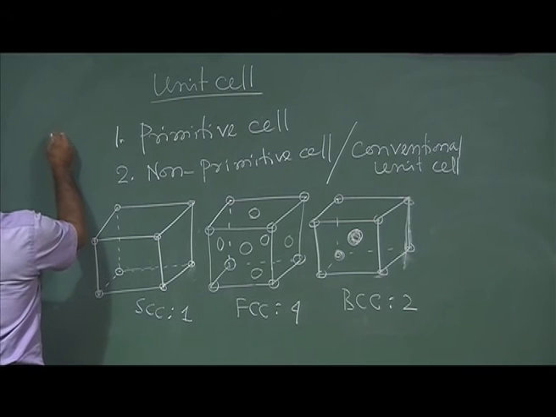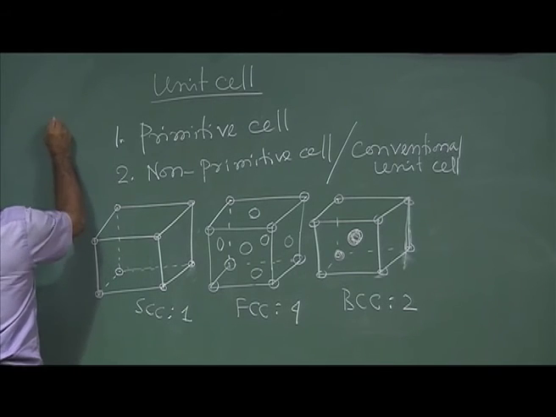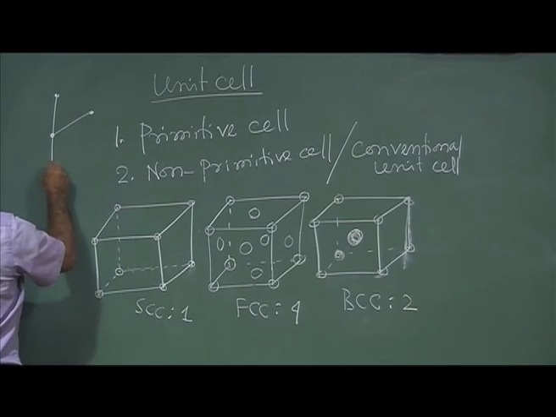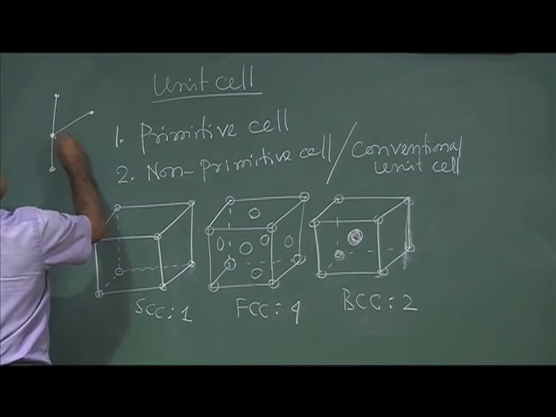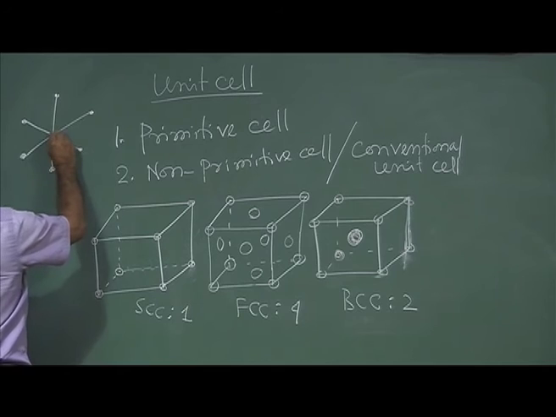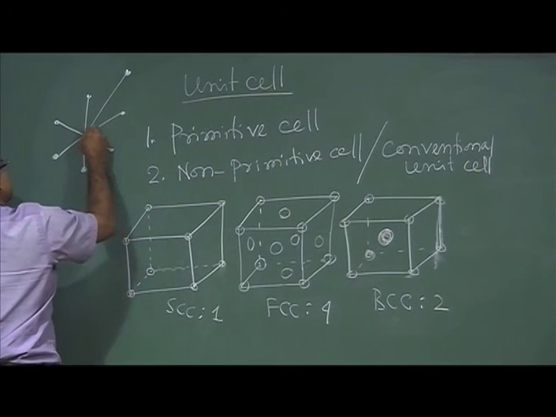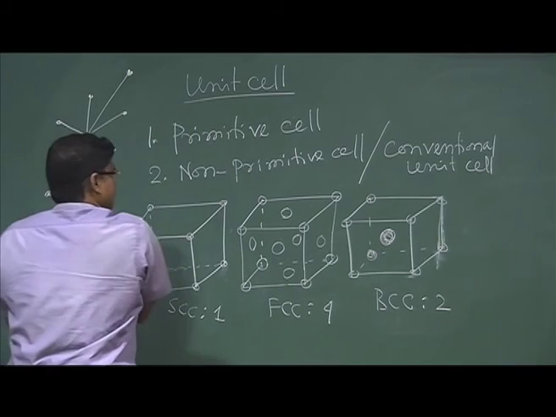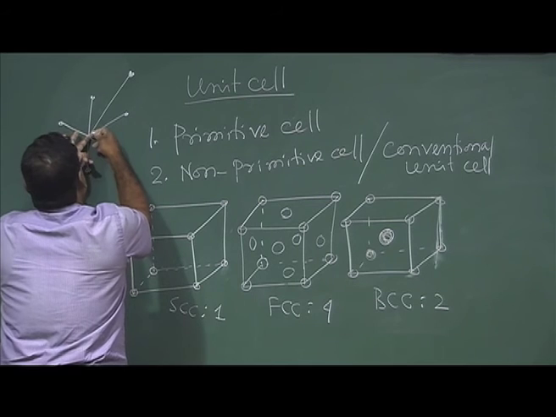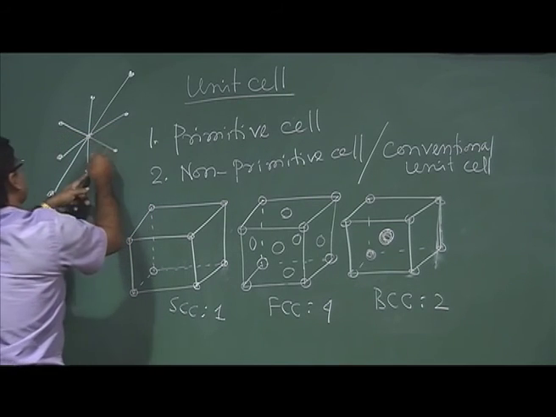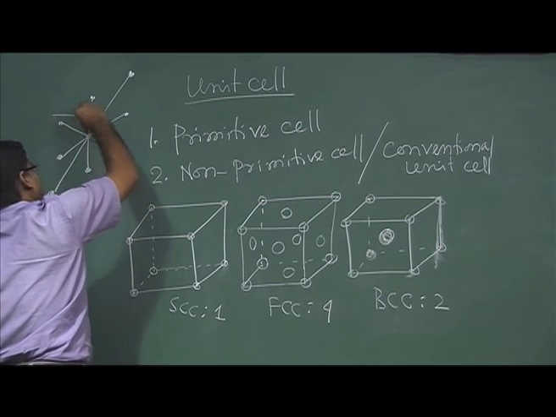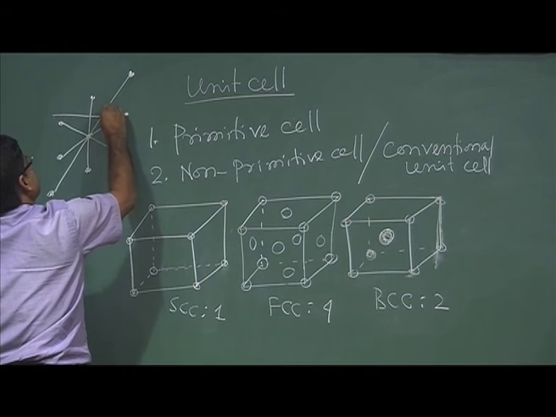What one has to do is take one lattice point and connect it to the other lattice points surrounding it in the 3-dimensional lattice. Now, take the normal bisector of each line.